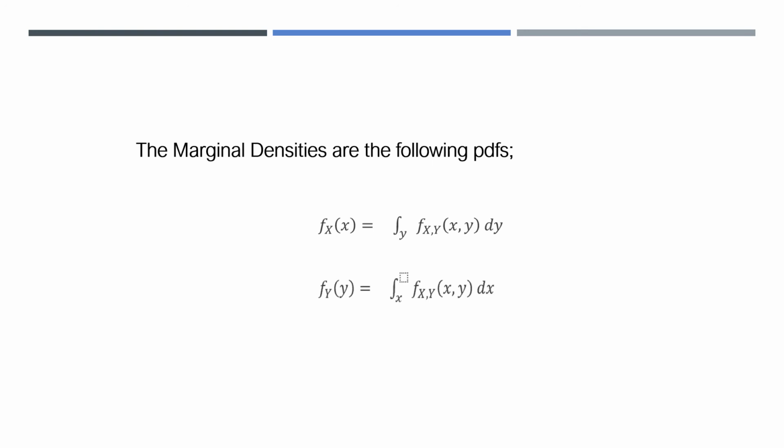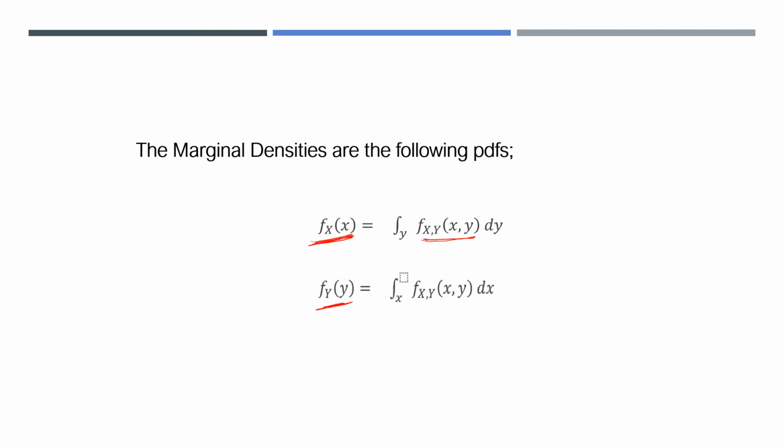Finally, let us see what the marginal density functions are. The marginal density functions are nothing but the individual PDFs. Instead of taking two variables from the joint density function, we are trying to find just the single probability density function of x or the density function of y. The formula to find the marginal density function: you are trying to find the PDF of x.